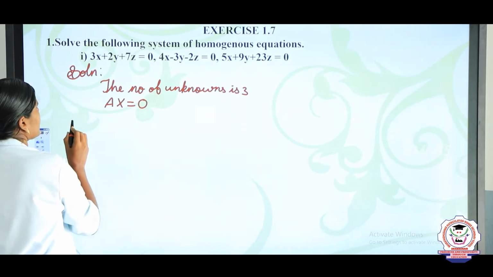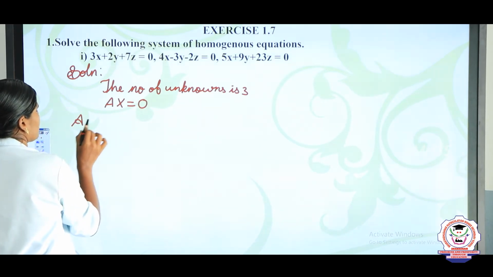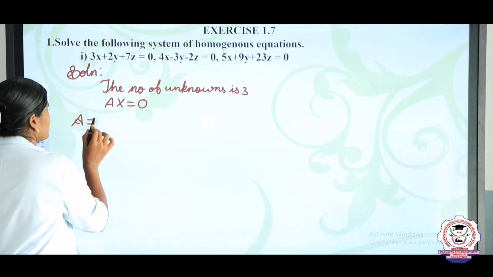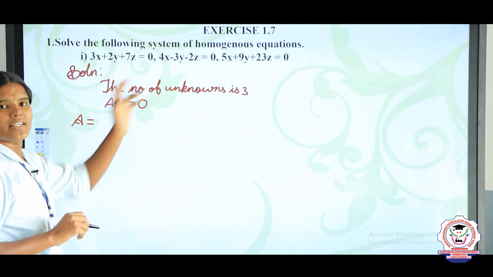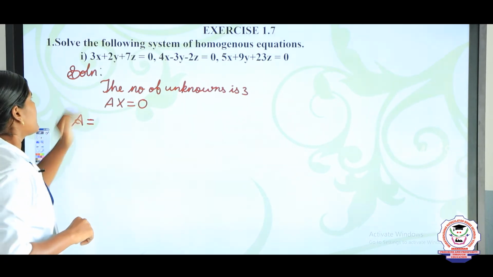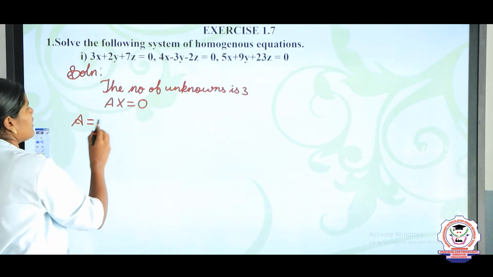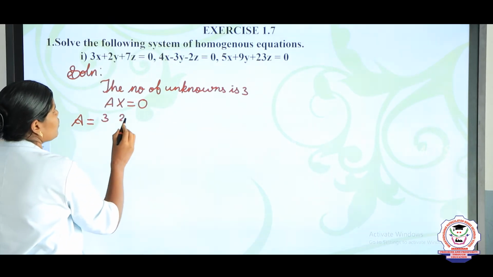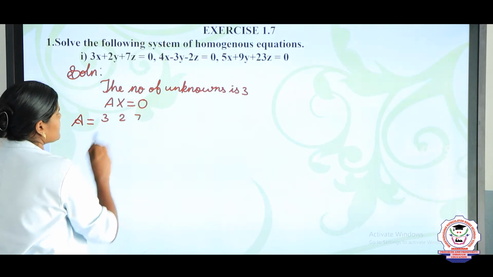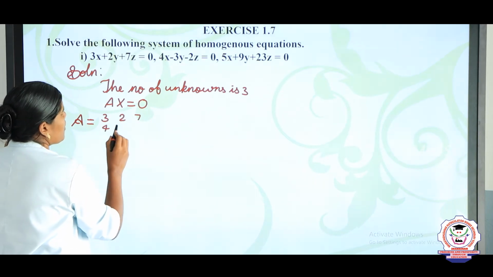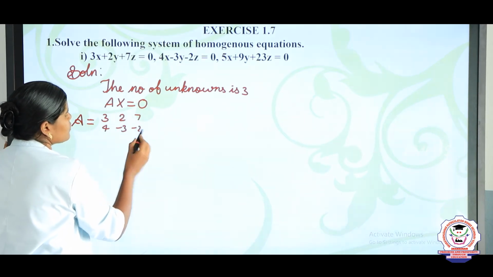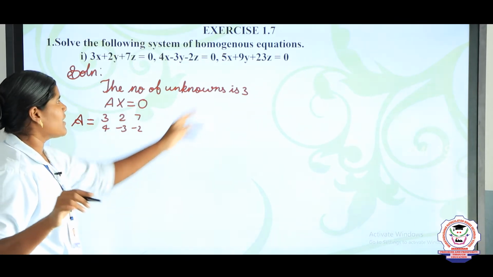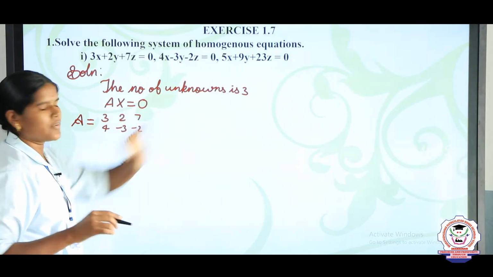So, A value, what is the A value here? That is nothing but the coefficient of x, y, z. In first equation we have 3, 2 and 7. Second equation we have 4, minus 3, minus 2 are the coefficients, and third equation 5, 9, 23.